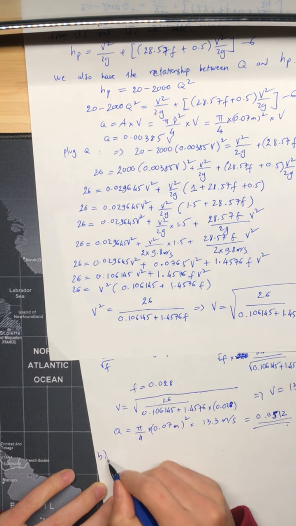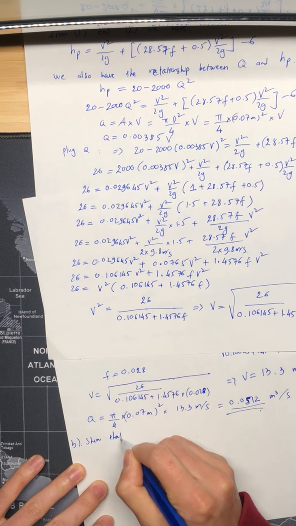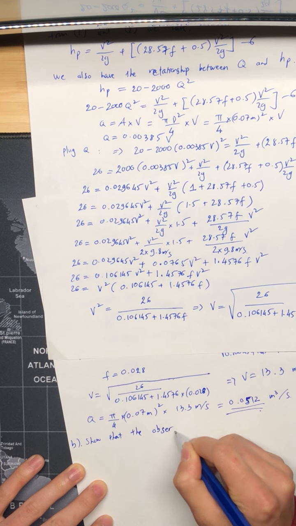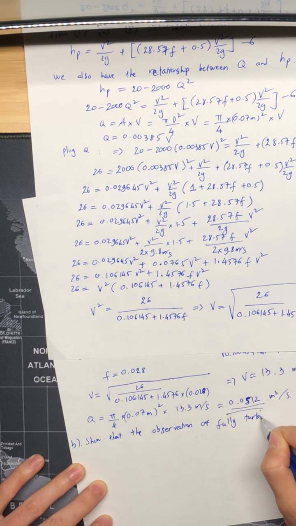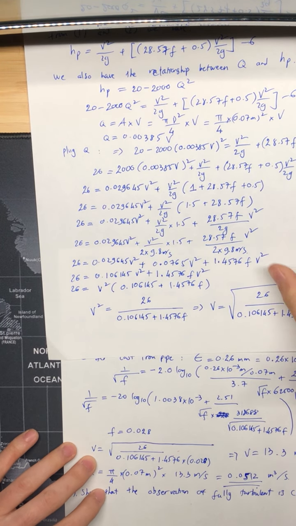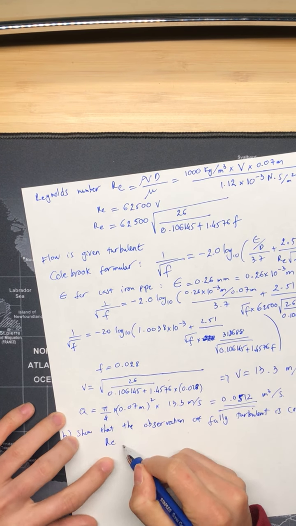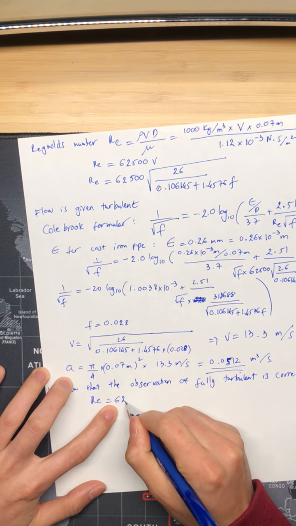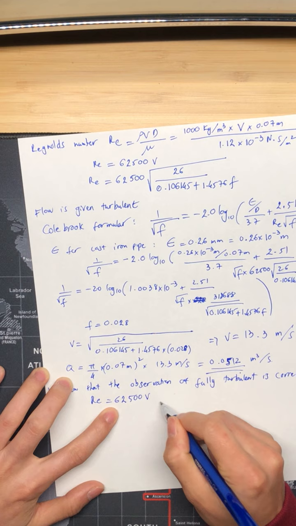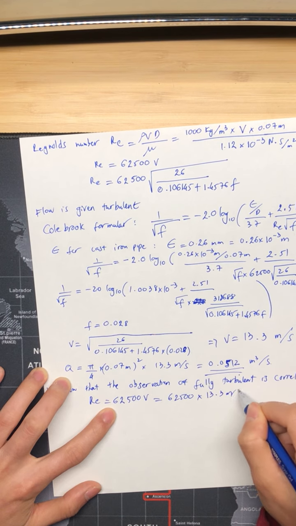So B, we are asked to show that the observation of fully turbulent is correct. So bring back Reynolds number up here equals 62,500 V equals 62,500 times 13.3 meter per second.